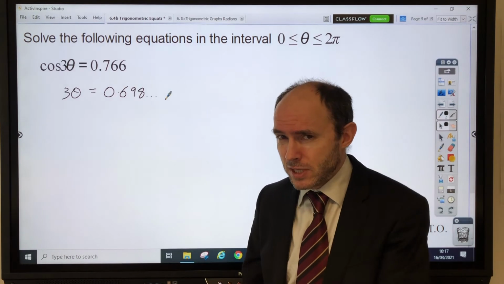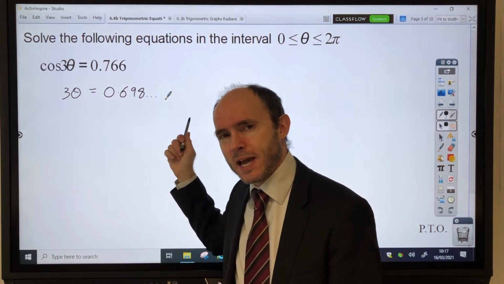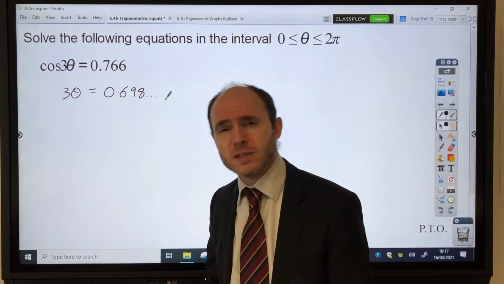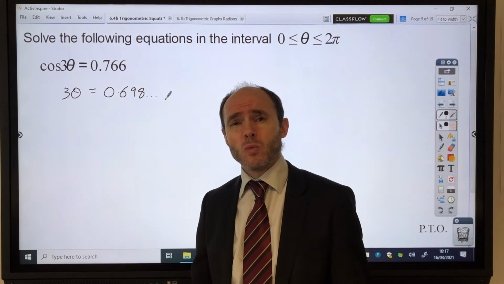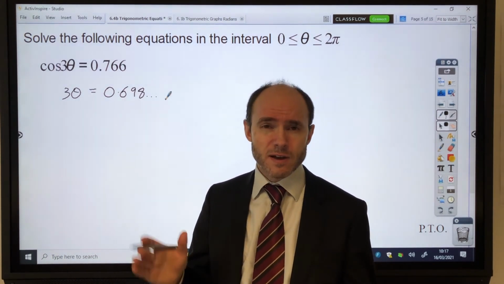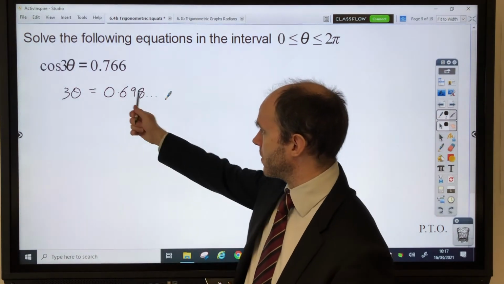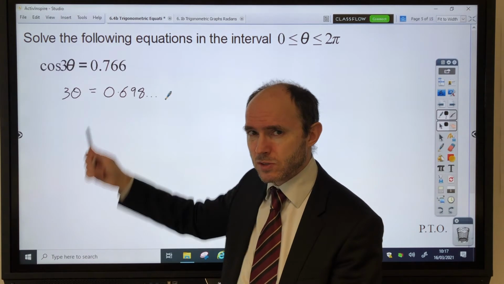Now the thing to do is write down as many possible answers as you possibly can before you divide by 3. The reason is otherwise you just might get it wrong. When you do the inverse cosine, you've got to consider all the possible answers you can get. Now, if you remember from previous examples, once you've done the inverse cosine to get your first answer, you can subtract that from 2 pi to get your second answer.